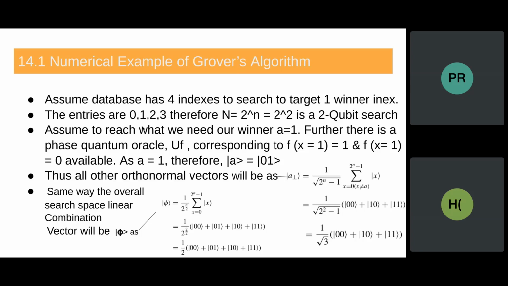If the entries are 3, 2, 0, 1, then 3 and 2 are not matching, 1 will match, so the third one. Every time you do some operation on the black box, which is nothing but your unitary transformation plus some circuit combination. So that is the oracle. Oracle is the black box.